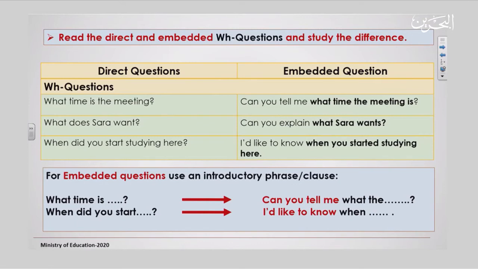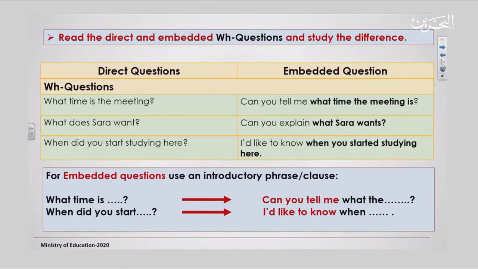For embedded questions, we use an introductory phrase or clause. As we can see here in the first sentence, what time is the meeting? In the embedded question, we put another phrase, which is, can you tell me what the time is? So we have added another clause or phrase.